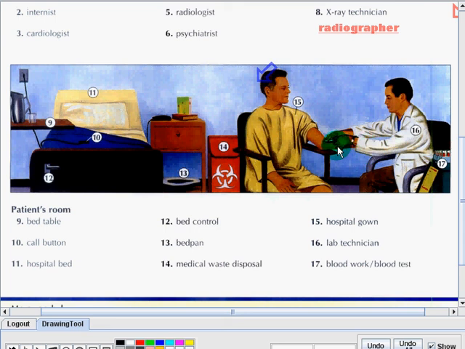They carry out fundamental tests, such as getting a blood sample from the patient needed for the test procedure. That's the work of a lab technician. What she's doing here is to draw blood from the patient. We call it blood work for the blood test. We get a blood sample for the blood test.